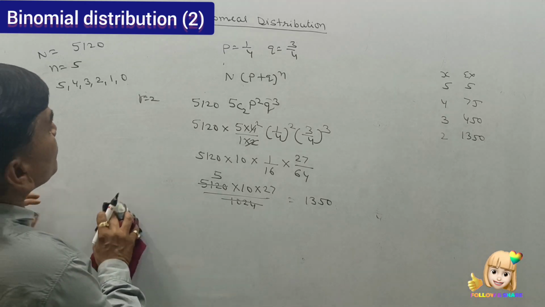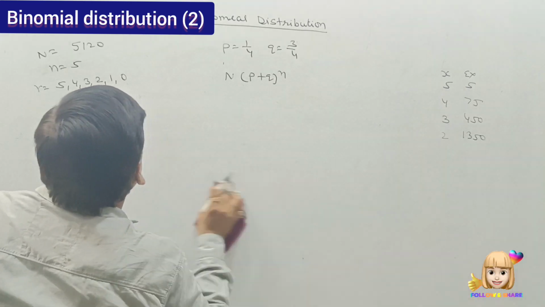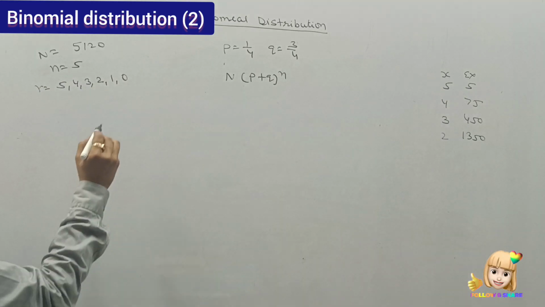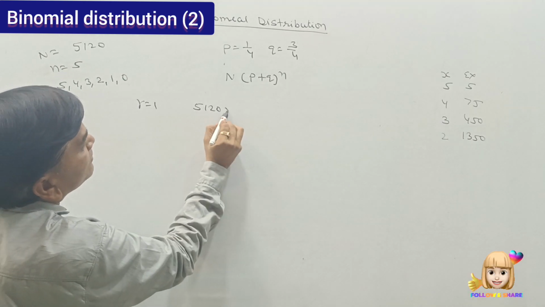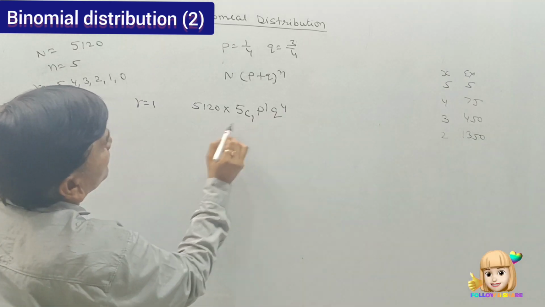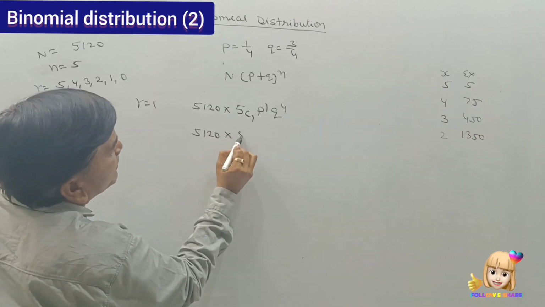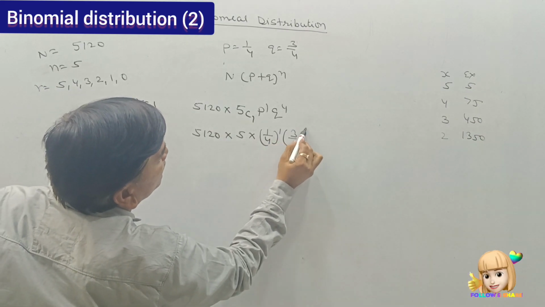Now getting 1 destroy, if we calculate 1 destroy, then R is equal to 1. So we are having 5120 5C1 P raised to power 1 Q raised to power 4. So 5120 multiply 5 multiply 1 by 4 raised to power 1, 3 by 4 raised to power 4.